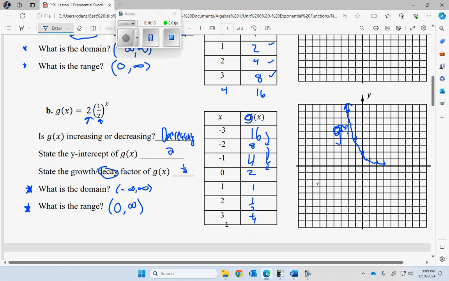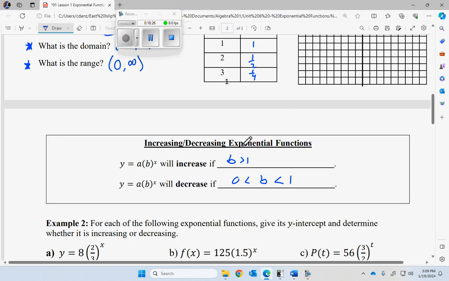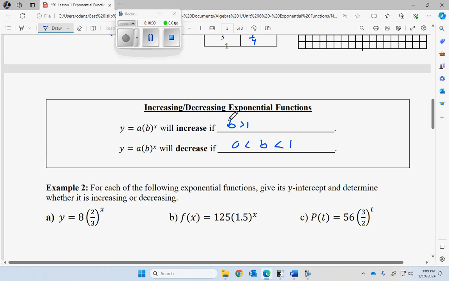So it looks like both these functions, one was increasing, the other was decreasing, but they have the same domain and range. Interesting, right? So when we see a function, we should know right away whether it's increasing or decreasing, because hopefully you noticed that when this multiplying factor was a whole number greater than 1, it increased.